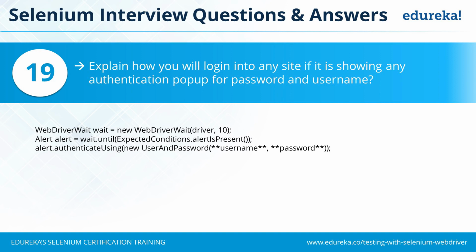We are using the Alert class so that we are able to check that the alert is being presented. Then alert.authenticateUsing new user and password. So I have defined the username and password, and I'll pass on the values of username and password from here, which will be entered into the text fields of that pop-up being displayed.